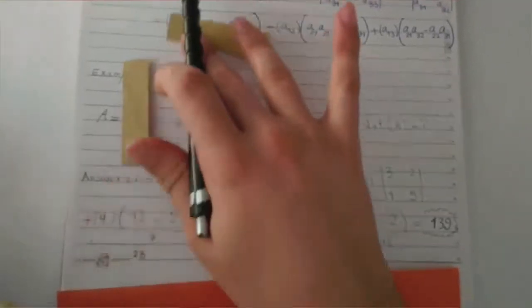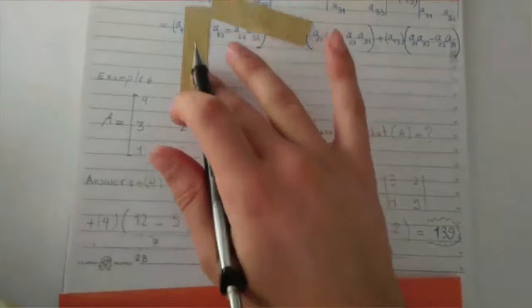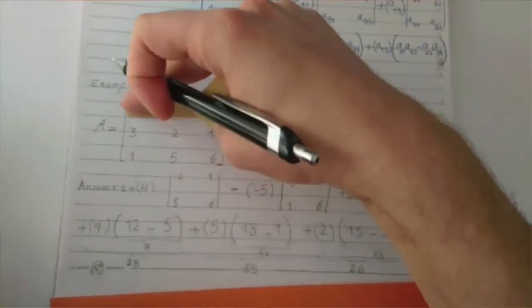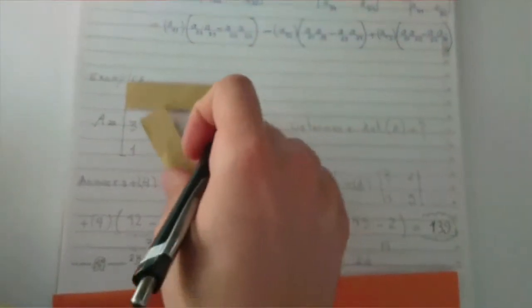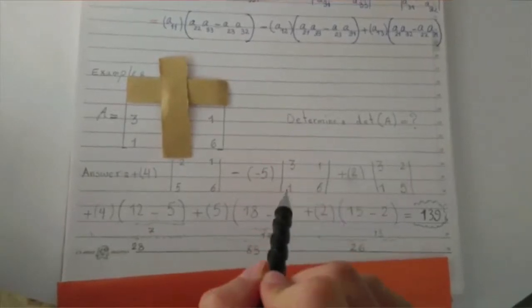And we change the sign and we take the second entry A sub 1 2 and multiply it by the matrix after ignoring the first row and second column, which is 3 1 1 6.